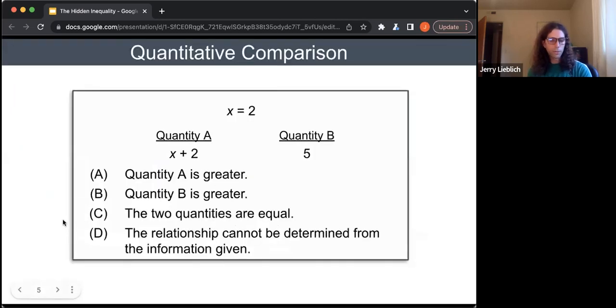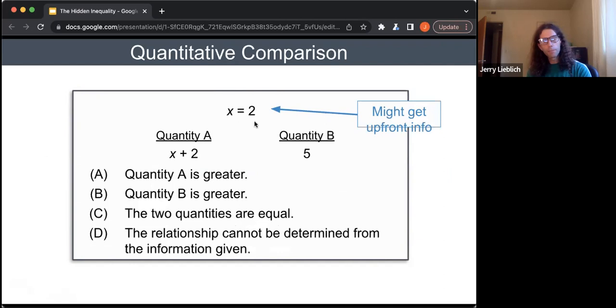In a very basic form, this is what they look like. You sometimes have what we'll call upfront info. This could be anything from a definition of what X is to a whole word problem or geometry figures or anything else. Or there might be nothing there.